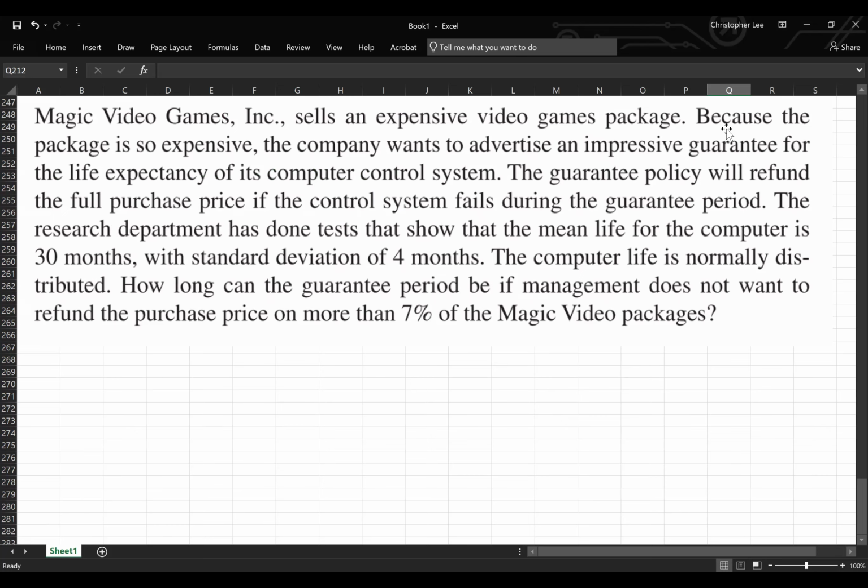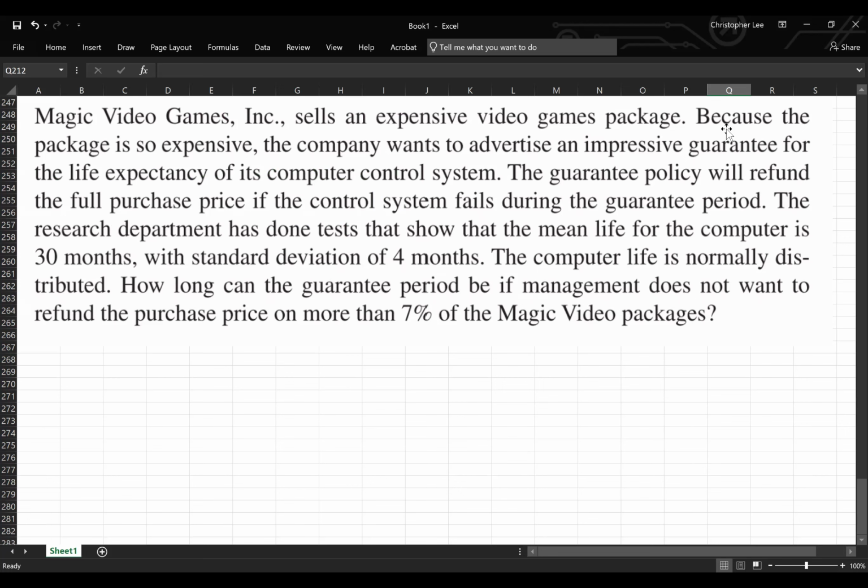The guarantee policy will refund the full purchase price if the control system fails during the guarantee period. The research department has done tests that show that the mean life for a computer is only 30 months, right? With the standard deviation of 4 months.